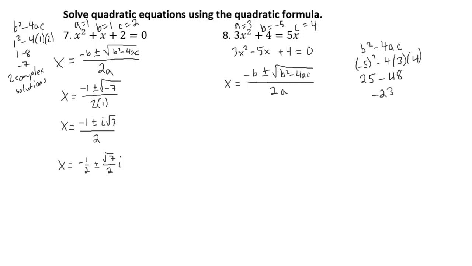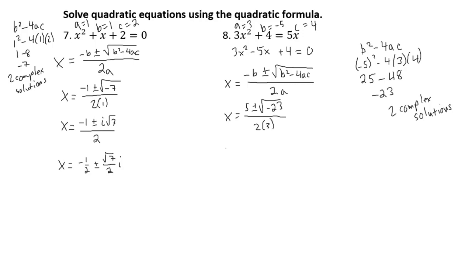which would give me 2 complex solutions. So I know somewhere in my answer there will be an i. So x equals the opposite of b, which is a positive 5, plus or minus the square root of negative 23, all over 2 times 3.